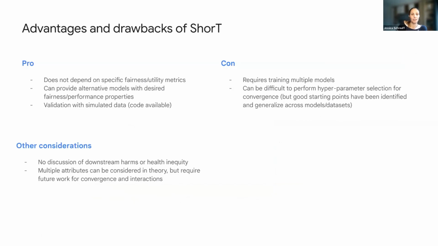So this method that we refer to as SHORT, for shortcut testing, does not depend on a specific fairness or utility metric. The only thing you would need to consider is that you would want your fairness metric to look at the gaps between groups rather than absolute performance.